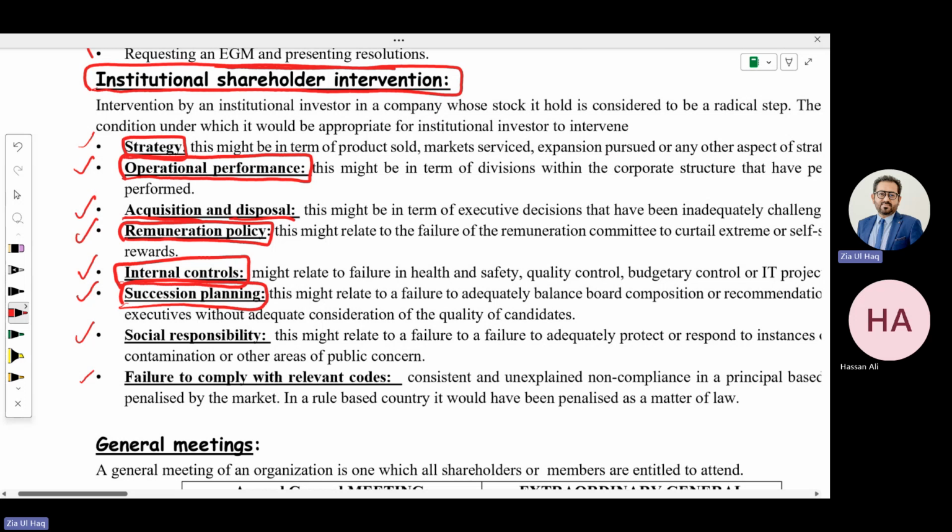They intervene in social responsibility. What is social responsibility? A company is a separate legal entity, meaning an artificial person in society. It should behave similarly to a human being in society.